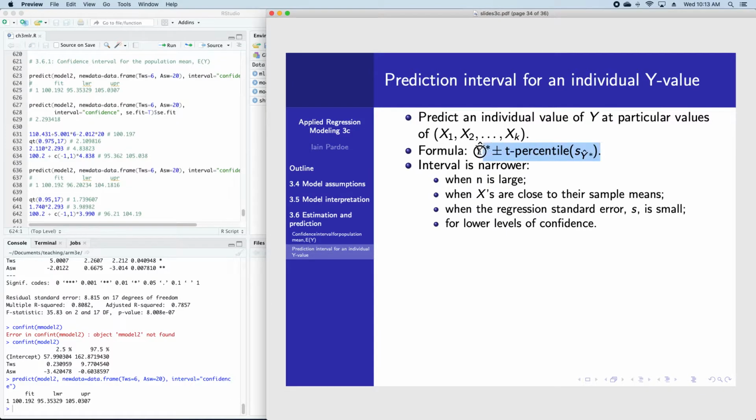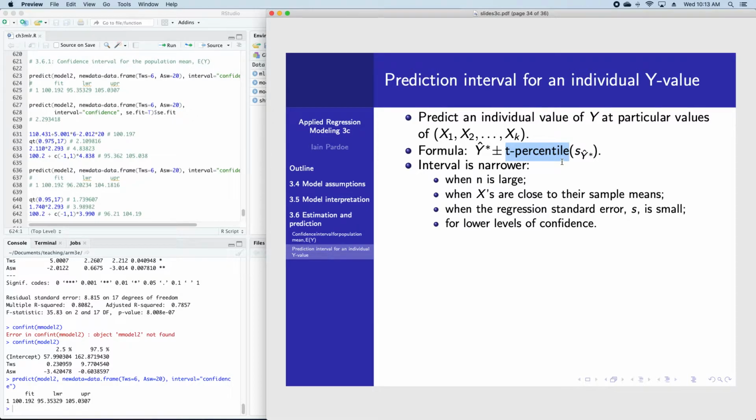Our formula has a very similar format. It's centered at y hat, our fitted value, and I've just put a star on here to denote that we're predicting an individual value rather than estimating a population mean. And then we've got plus or minus a t percentile again.